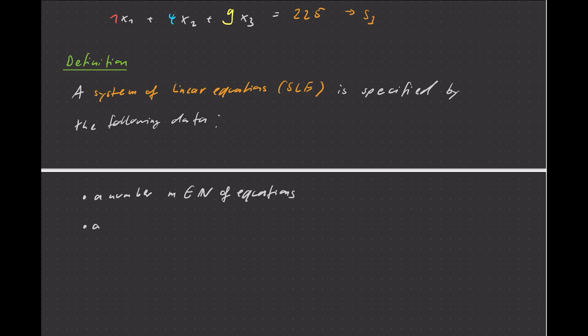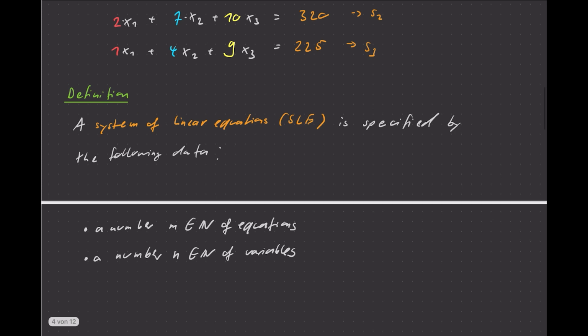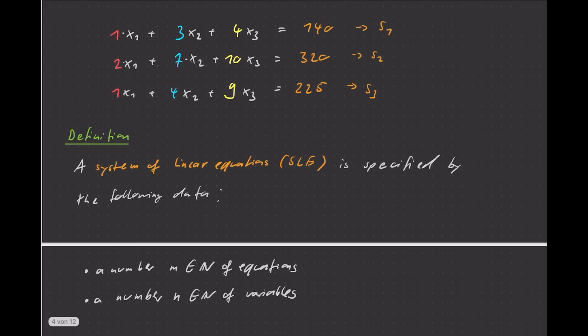And then a number usually called N of variables. In this case, we have 3 equations, so M is 3, and 3 variables, so N is also 3. Then we need a right-hand side. These numbers here, the target portfolio in our example, are the right-hand side of the equations. So for each equation, one right-hand side.